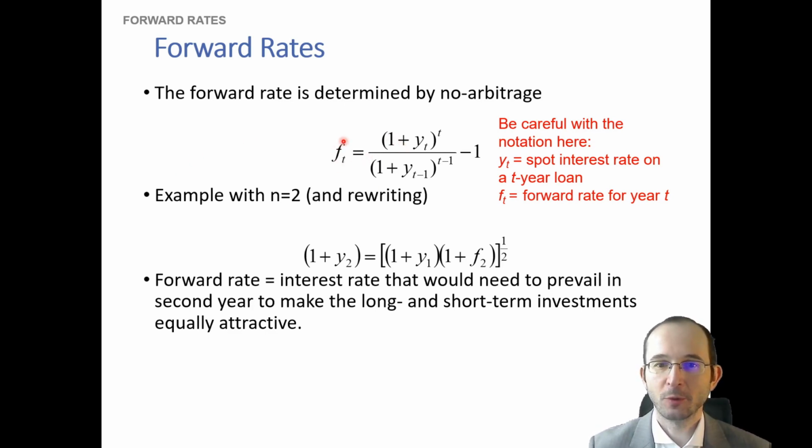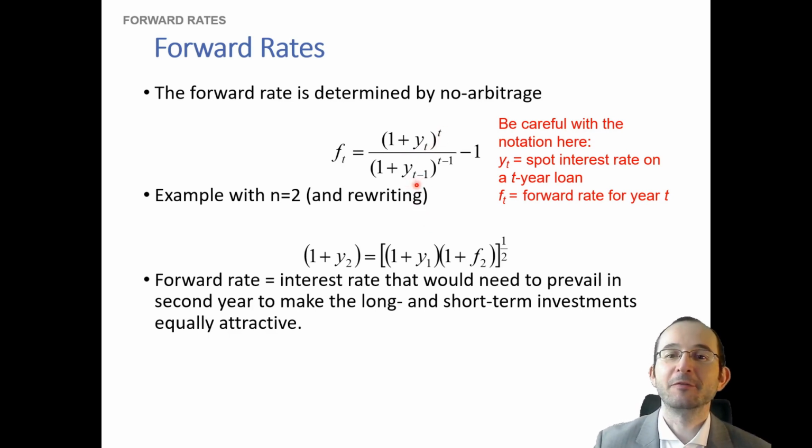We can say that the forward rate at any time in the future t is going to be a function of the yields that we observe, the spot rates, a bond maturing at the end of year t, and the spot rate, the yield for a zero coupon bond maturing a year prior to that.